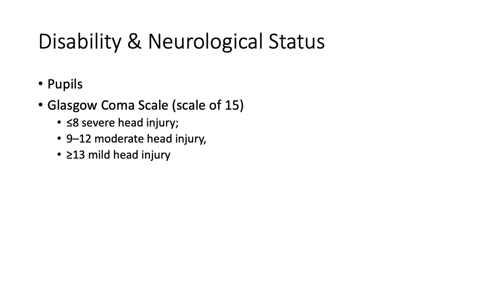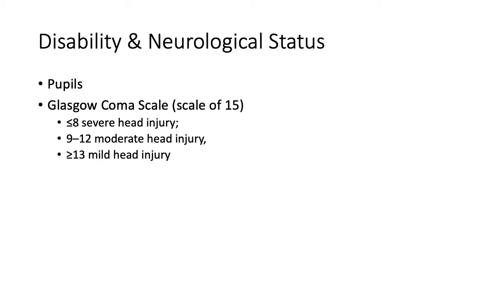To assess the patient's disability and neurological status, we firstly look at the patient's pupils to check for reactivity. We classify the patient's head injury according to the Glasgow Coma Scale, which is a scale based on the motor, verbal, and eye response of a patient out of 15.